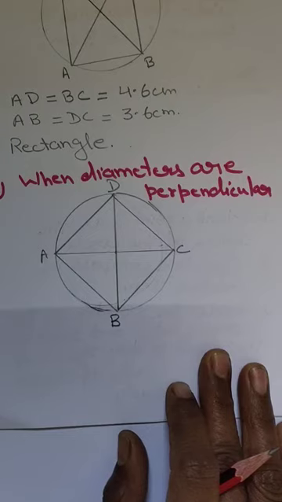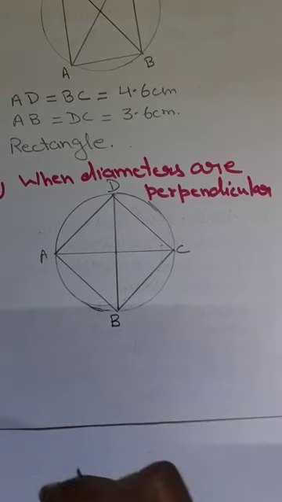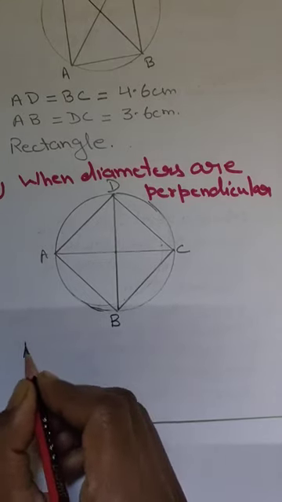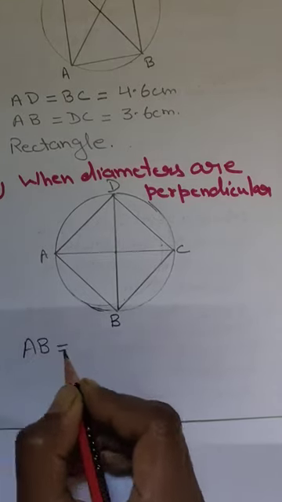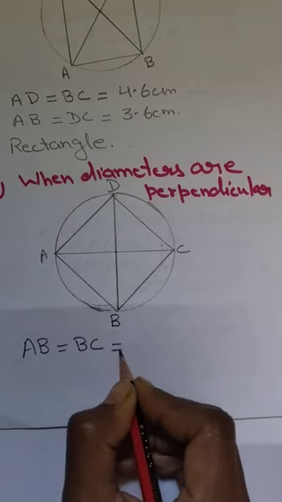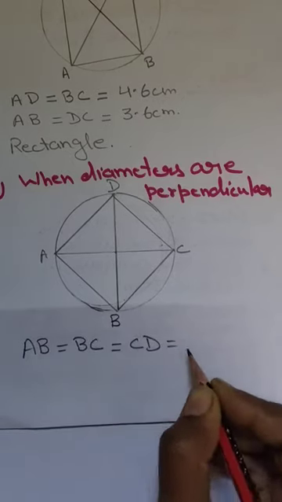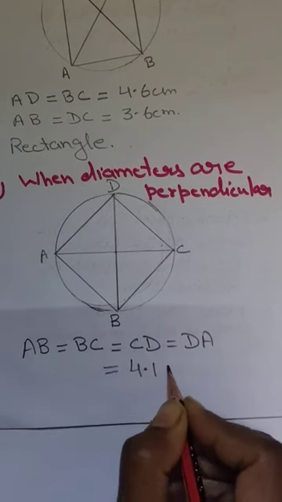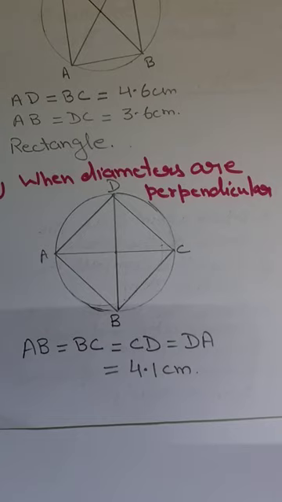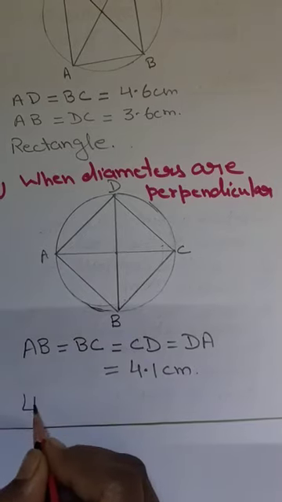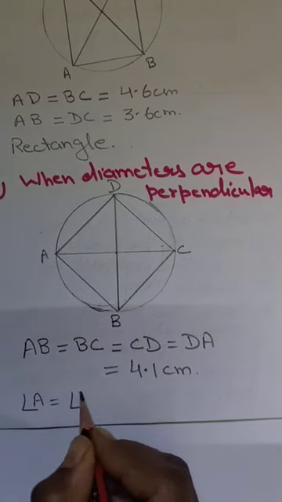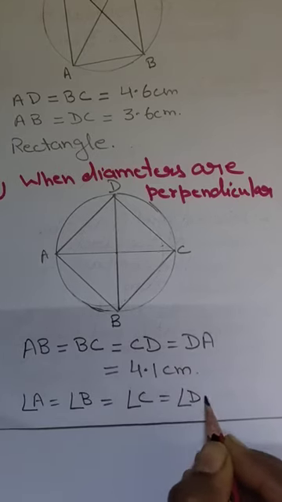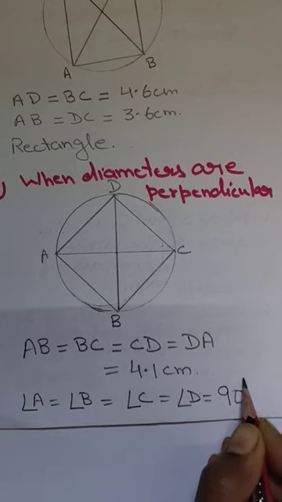So all the four sides are equal, and see all the angles are also of 90 degree. So you can write down AB equal to BC equal to CD equal to DA and equal to 4.1 centimeter. So this is a square, and all the angles are also of 90 degree. That also you can check by measurement.